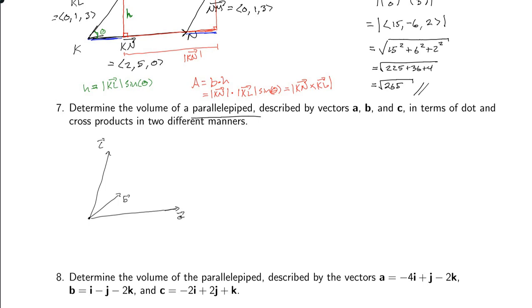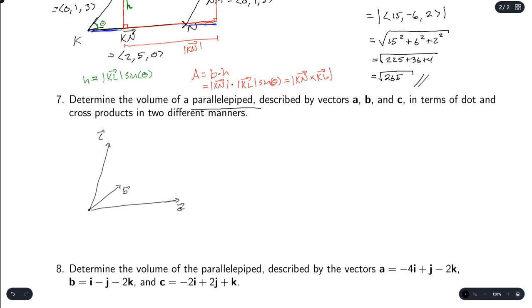These 3 vectors are just one corner of the parallelepiped. So I'm going to take A and copy it over here and copy B here. So this is A again, this is B again, and that creates a parallelogram with those vectors being repeated in that manner.